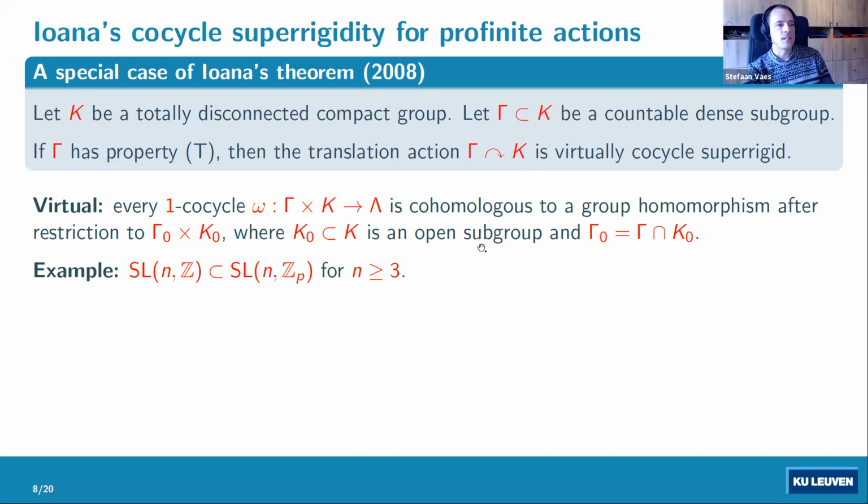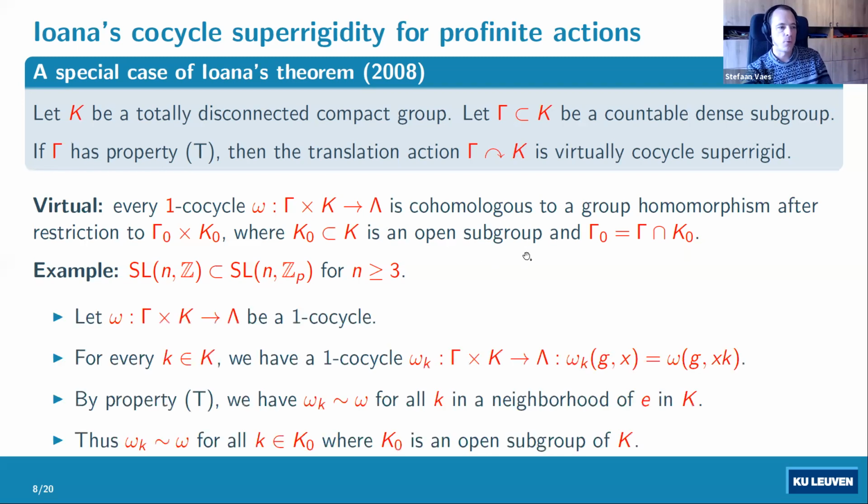Now, how did Ioana essentially prove this theorem? And I again want to show you the deformation rigidity idea. So you take any one cocycle with values in any countable group. And again, there is a deformation happening. Since the group gamma is acting by left translation on K, this action commutes, of course, with right translation.